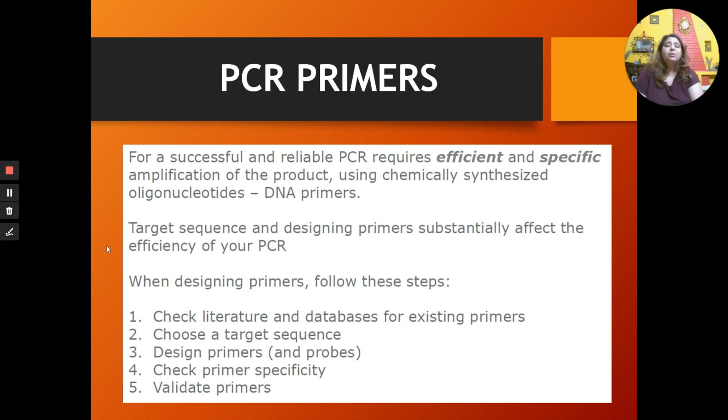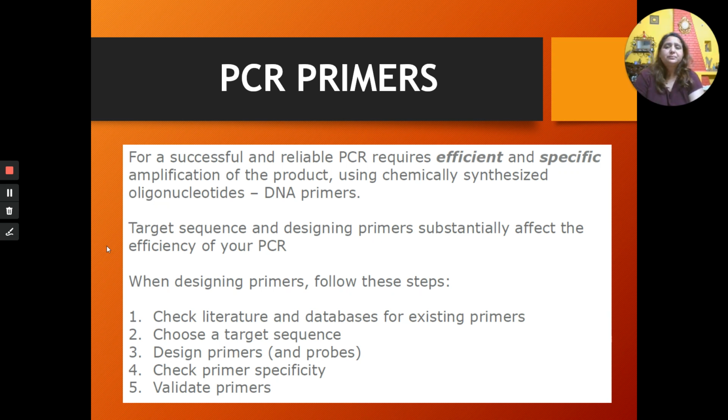So when we talk about the PCR primers, what is the general requirement for a primer? The requirement of a primer may vary depending upon the type of application in molecular biology, but by and large, the basic important characteristics of the primers remain the same.